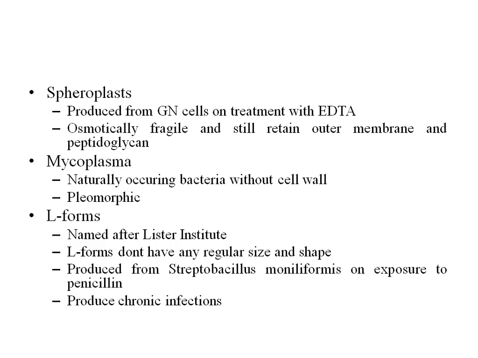L forms are bacteria named after the Lister Institute, where they were first identified. They don't have any regular size or shape, and usually they are produced from Streptobacillus moniliformis on exposure to penicillin, and they also produce chronic infections.